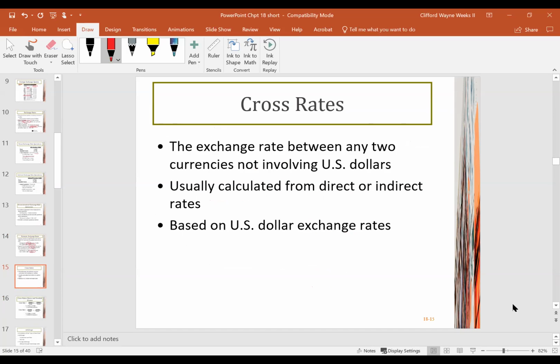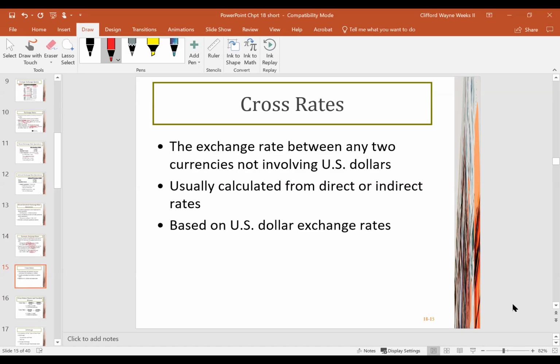And so that brings us to this thing called cross rates. Now, this is a little bit antiquated because cross rates now you can generally find the conversion rate. But the cross rate is the exchange rate between any two currencies not involving US dollars. So if you're trying to look at the yen to the euro, you're going to be able to find that conversion.